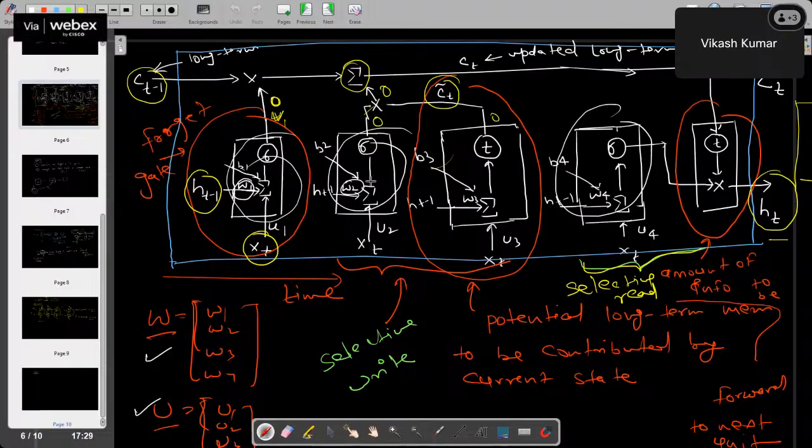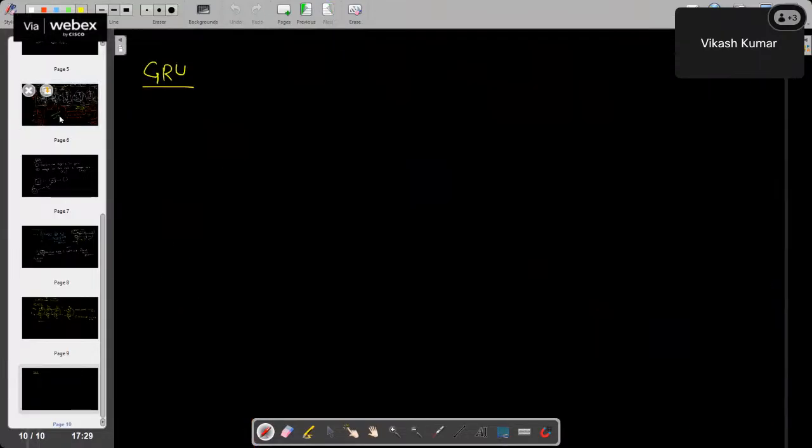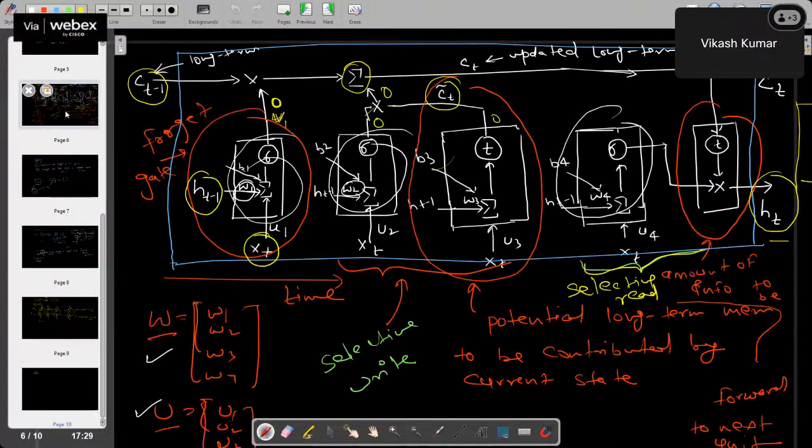The parameters are the weight vectors, isn't it, that we are learning through gradient descent. As we have seen, there are various gating mechanisms here along with some additional units. So definitely we need some kind of parameterization for each of the gating mechanisms along with the additional units.